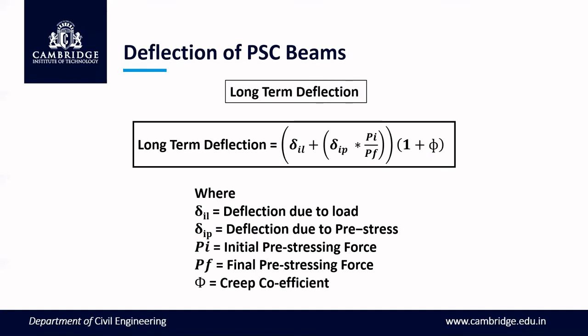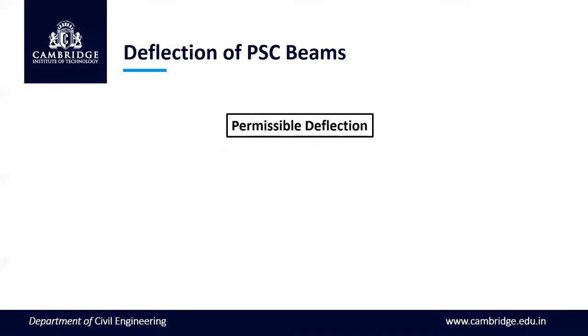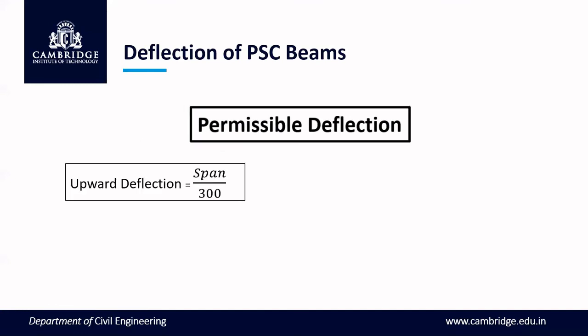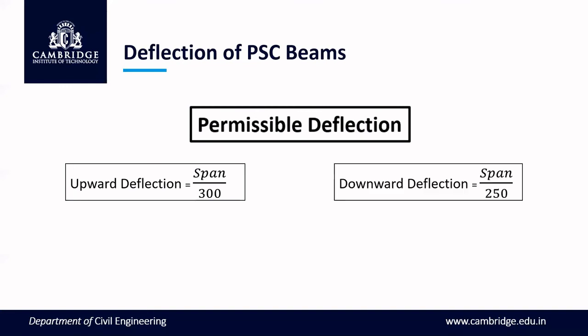Now, all these values of short-term deflection and long-term deflection do have a permissible limit, and this is given by the IS codal provisions, and the permissible deflection is divided into two parts. That is, the upward deflection should be span by 300 or lesser, and the downward deflection should be span by 250 or lesser.